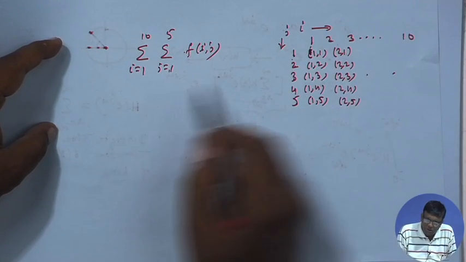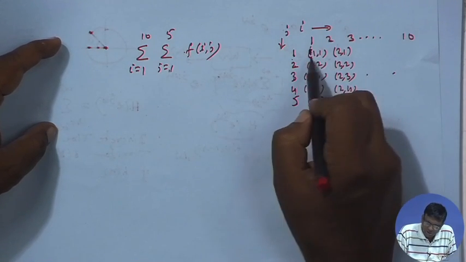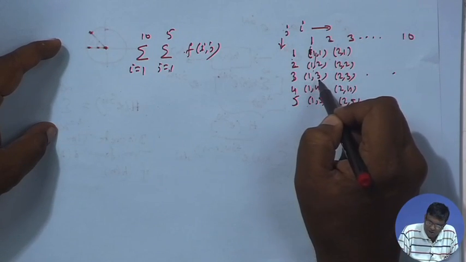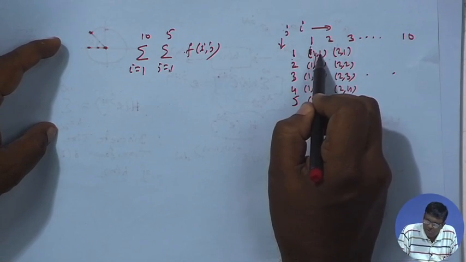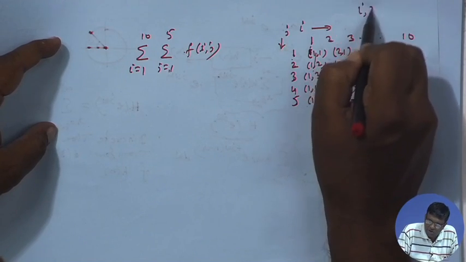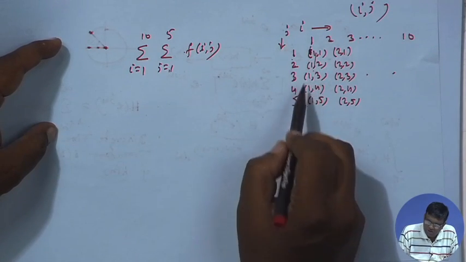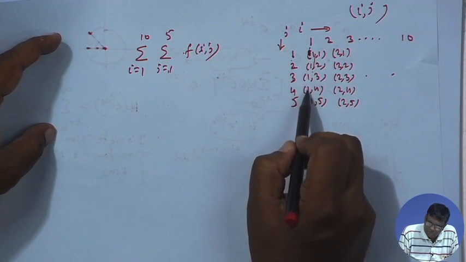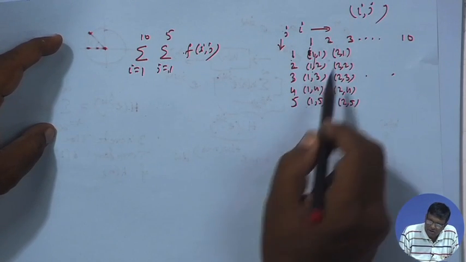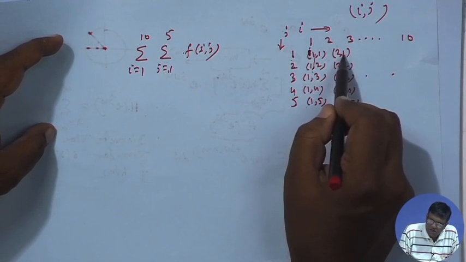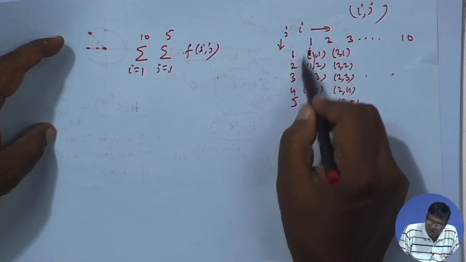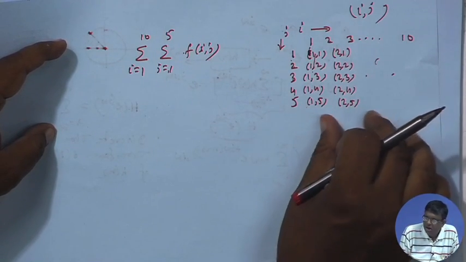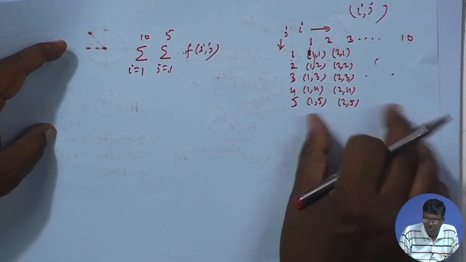In this summation, first you add this column, that is, i is fixed at 1 from outside, j is moving. The second coordinate is j, I am writing in the form i comma j. So the first value is i, the second value is j. First i is kept fixed at 1, j is varying. Then again I move i to 2, j is varying 1, 2, 3, 4, 5. So I add this column, then this column, then this column, and then I add those individual results over i.